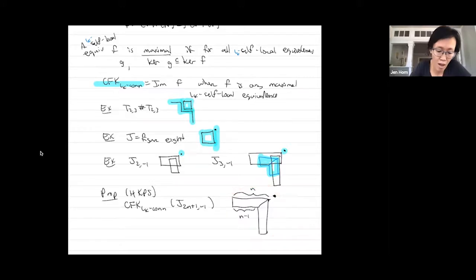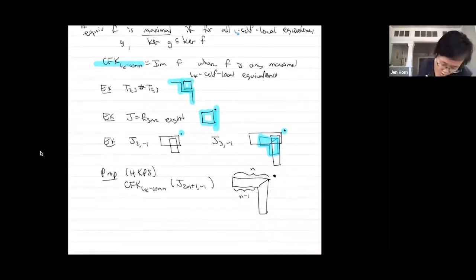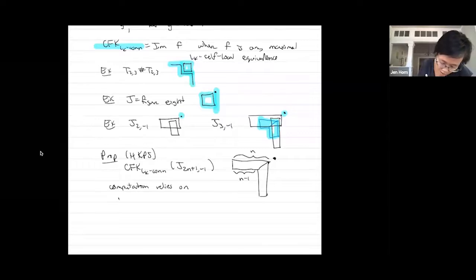So how do we compute that? This computation relies on, first, the cabling formula in terms of immersed curves of Hanselman and Watson.